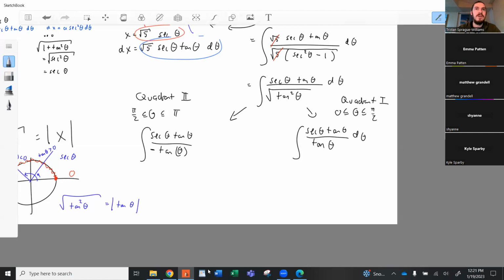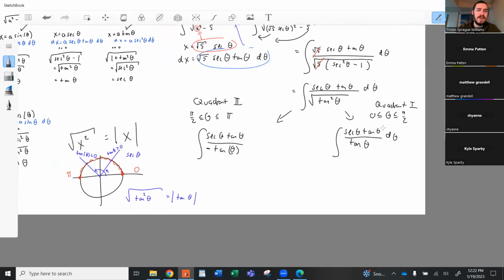Here's a question. Here's a comment. If the bottom tangent is negative, will the top tangent be negative too? Not really, because actually, here's the thing. This negative sign is not there, well, it's not exactly there because this is negative, right? What I mean to say is this negative sign is not that negative.